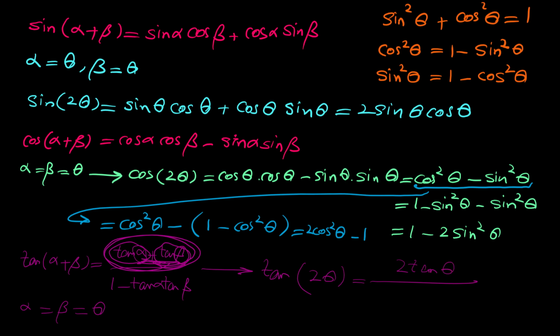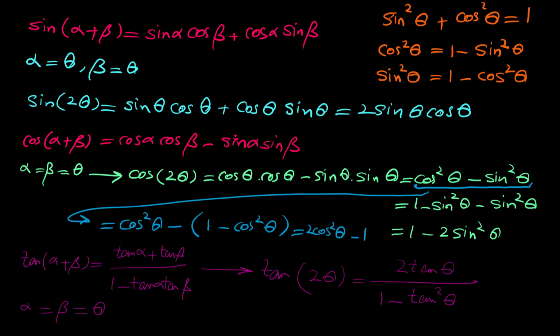This is for numerator. For denominator, we have 1 minus tangent theta, because alpha is theta, beta is also theta, tangent theta times tangent theta is tangent squared theta.